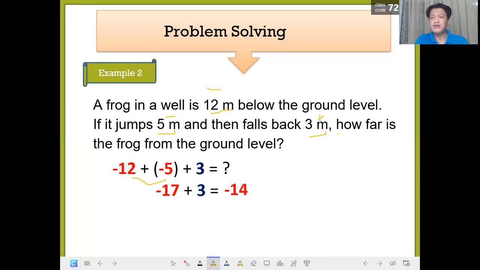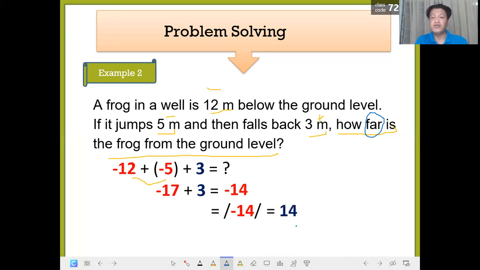Let's go back to the question. The question is, how far is the frog from the ground level? Remember, when we say far, it refers to the distance from zero. This refers to the absolute value. So we take the absolute value of negative 14. What is the absolute value of negative 14?